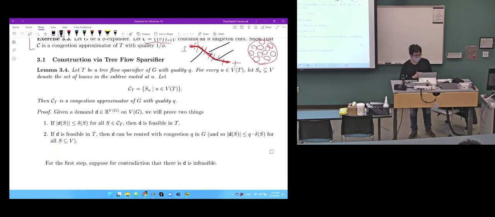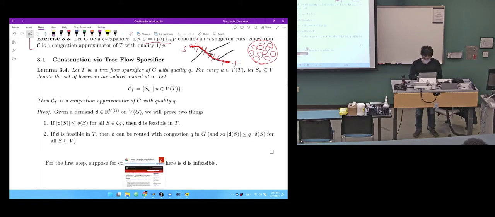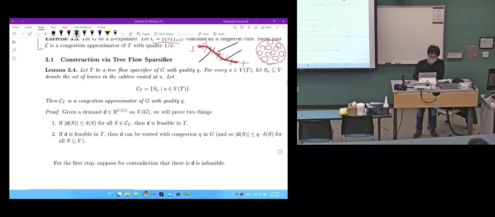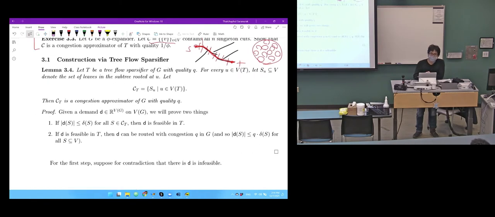But if you have any graph, actually, you can define a congestion approximator if you have a tree flow specifier that we showed from last class.